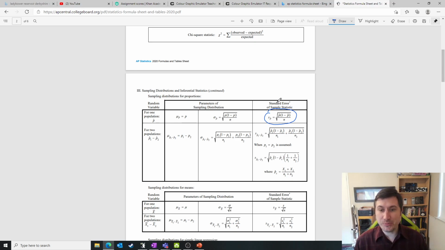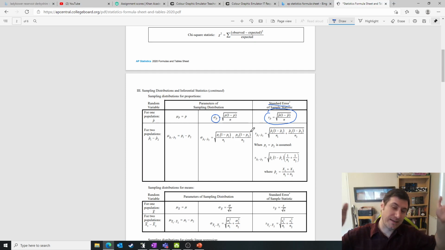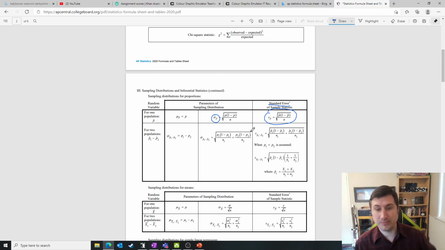The only difference between the standard error and the standard deviation is it's an estimate, because we have to use p hat instead of the actual proportion, the population parameter, since you don't know the population parameter. So you do the best you can by using the sample. But they are basically the same idea.